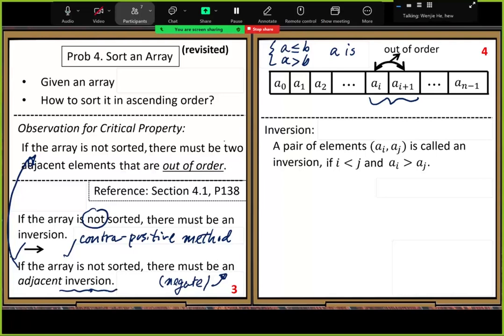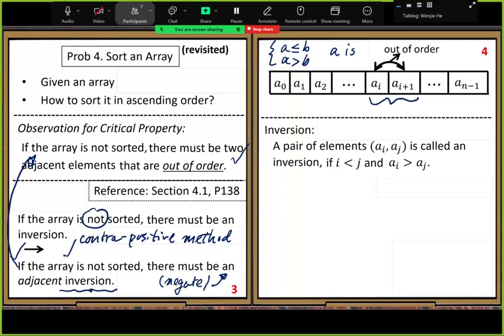We say adjacent elements that are out of order. That's the meaning of inversion, right? There must be two adjacent elements that are out of order. But we didn't use the inversion concept there, so that's the same thing.